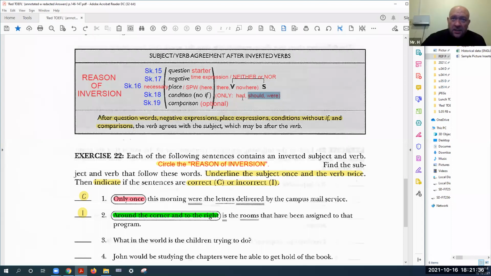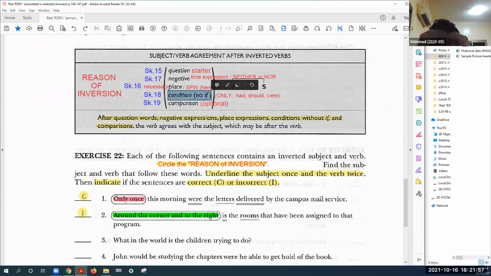Can I invert with another conditional? No. Only these 3. Had, should, and were. What does that mean? The condition without if. So if X, then Y; in that case, it's just X, then Y, right? We remove the if connector.